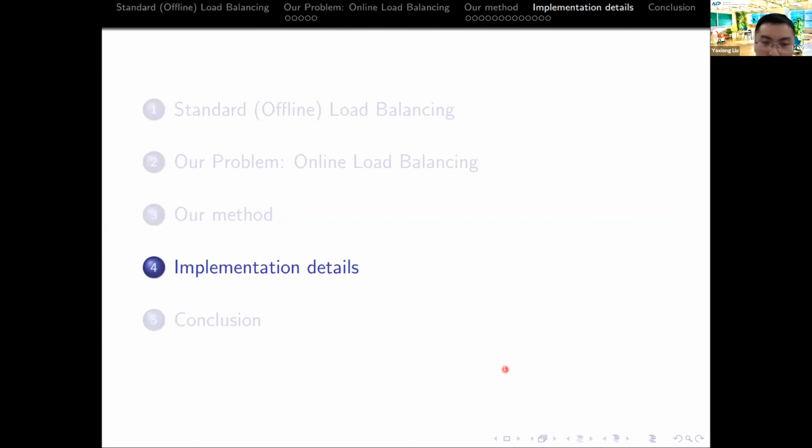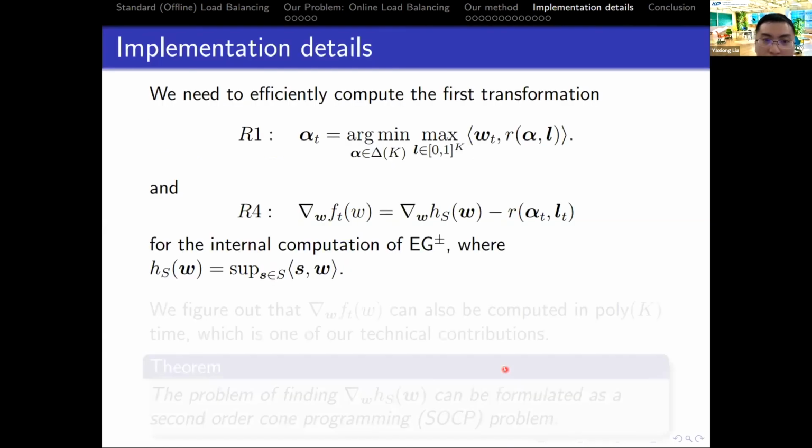Well, then we come to some implementation details with respect to efficiency. Our algorithm is efficient because not only the OCO or OLO game is efficient, but also the transformation part. There are 4 transformation parts, and the other 2 are very trivial. What we need to mention is R1 and R4, respectively for alpha T and the subgradient.